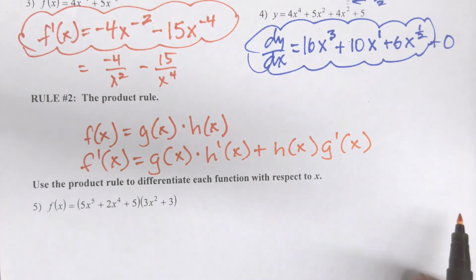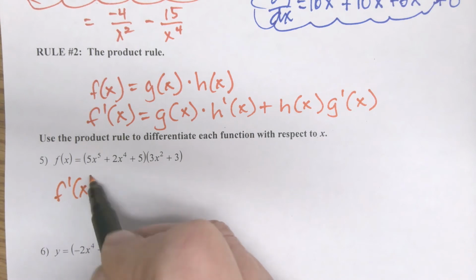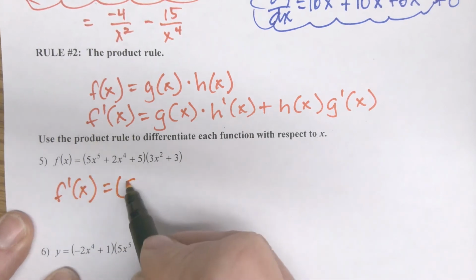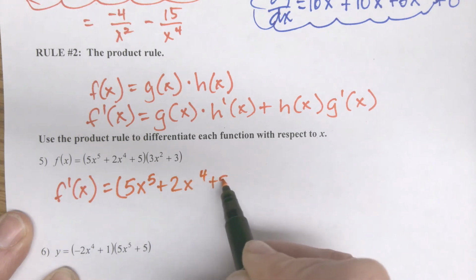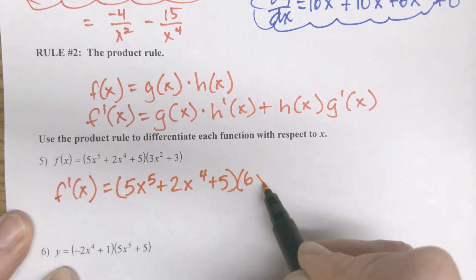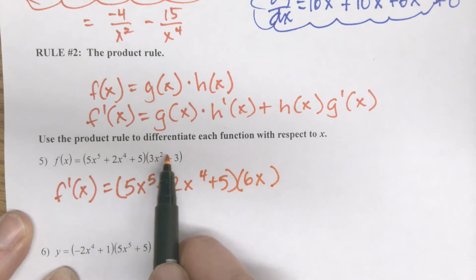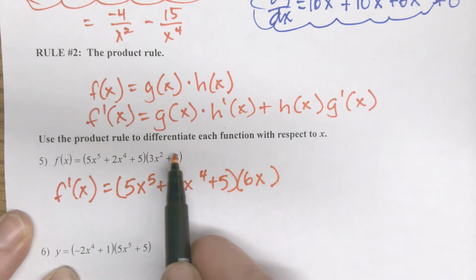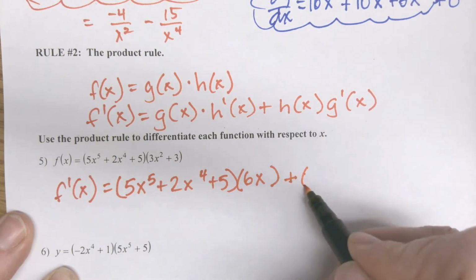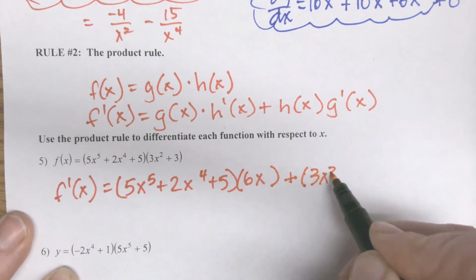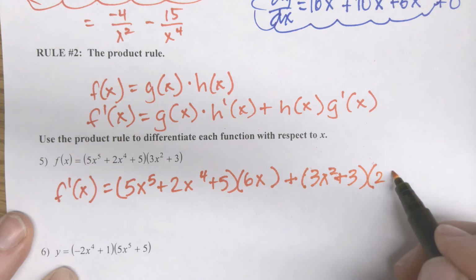And then again, I'm just using the power rule. So for this next one, f prime of x is the first as is times the derivative of the second. That would be 2 times 3, 6, x to the 2 minus 1, first power, plus, because that's a constant, 0, plus the second as is times the derivative of the first.